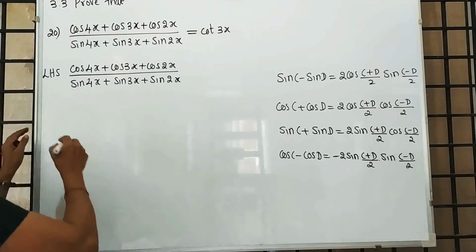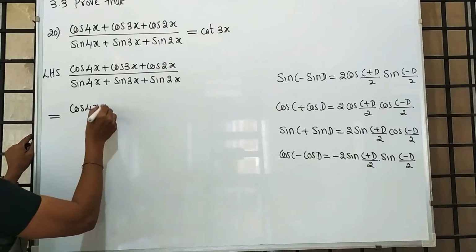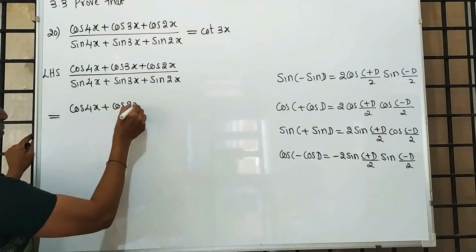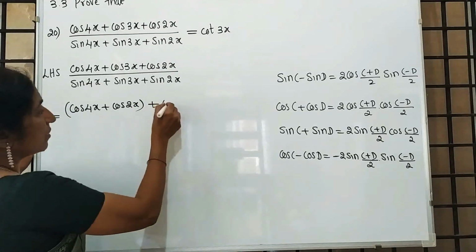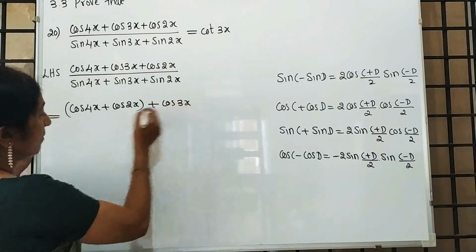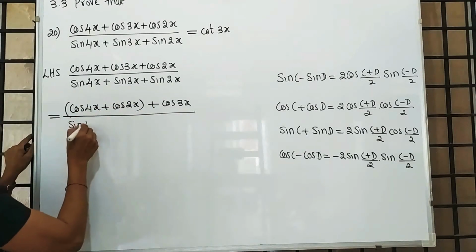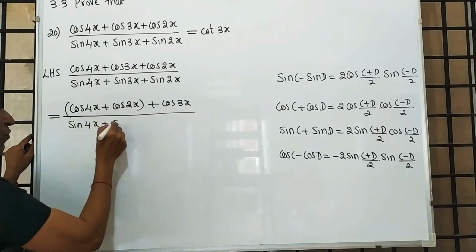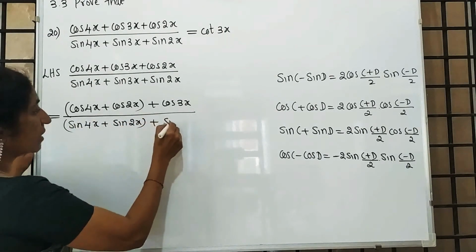So just to avoid that, I am rearranging: cos 4x plus cos 2x, 4 plus 2 is 6, 6 divided by 2 is 3, like that. Plus cos 3x I kept separate. In the denominator also I wrote in grouping form: sin 4x plus sin 2x, and outside I wrote sin 3x.